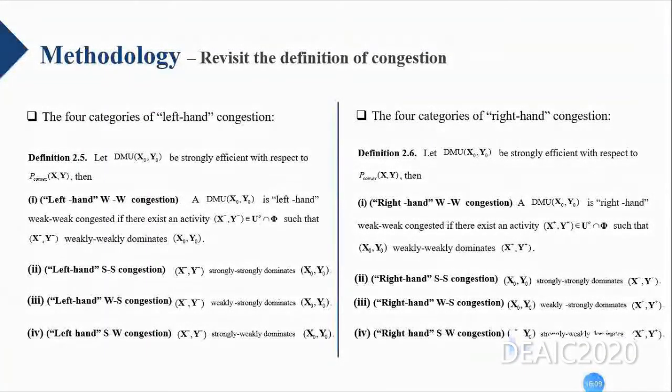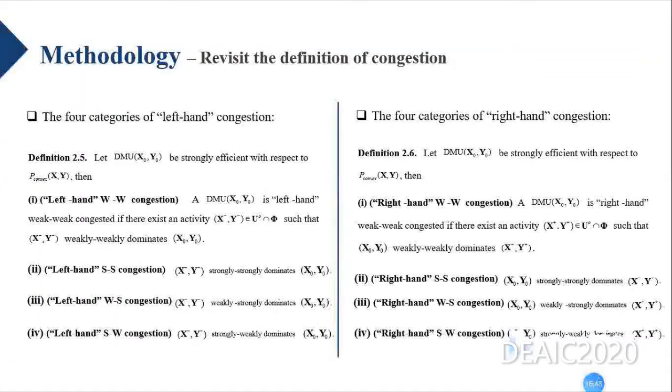Conversely, the right-hand weak and weak congestion can be defined as if and only if in a given state there exists a reference unit satisfying the condition that the target DMU weak and weakly dominates the reference unit. It is noted that the 4 categories of congestion, that is, strong and strong, weak and strong, and strong and weak, imply weak and weak congestion.